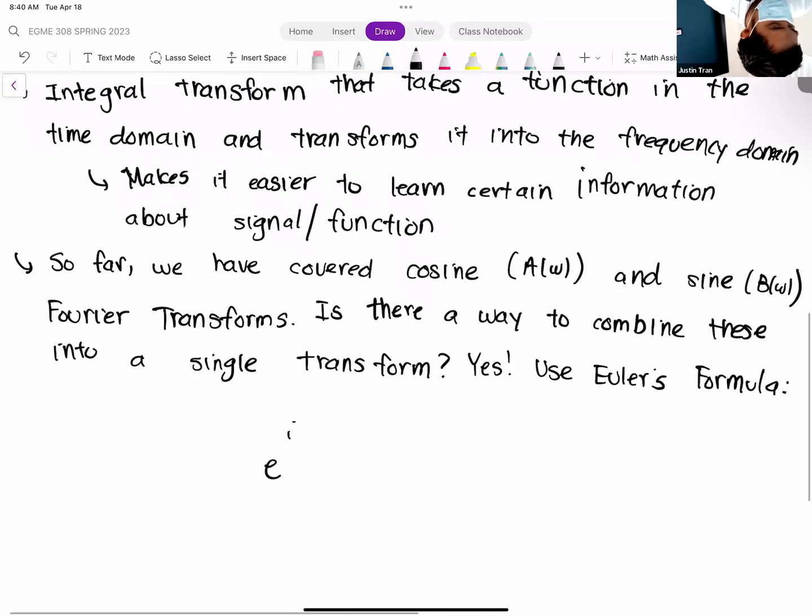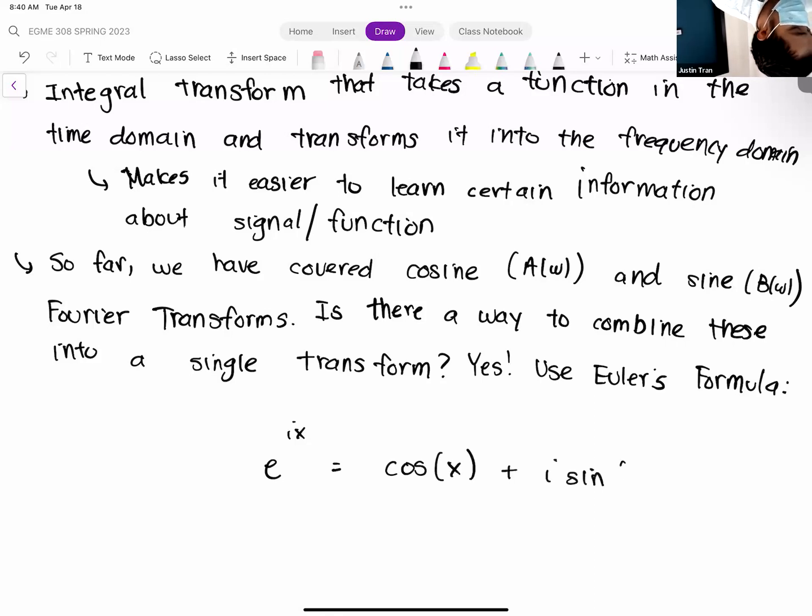Euler's relation says that if you have a complex exponential, e to the i times some variable, and I'm just going to say it's x for now, this is equal to cosine of that variable plus i sine. And so we can use this to combine the sine and cosine transforms into just one expression.